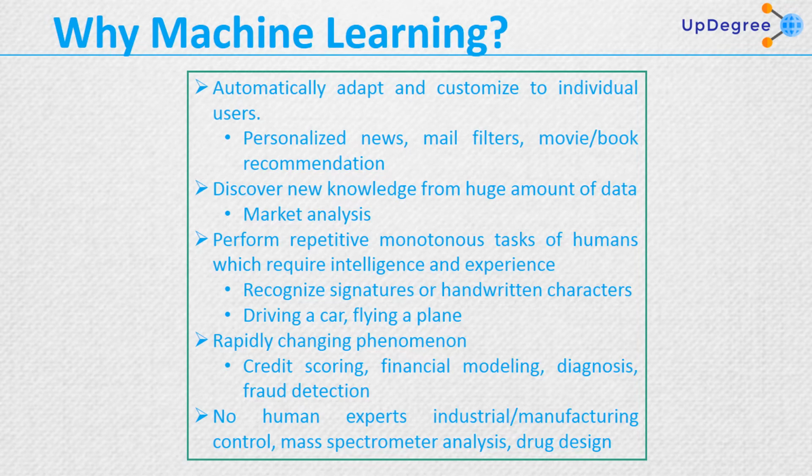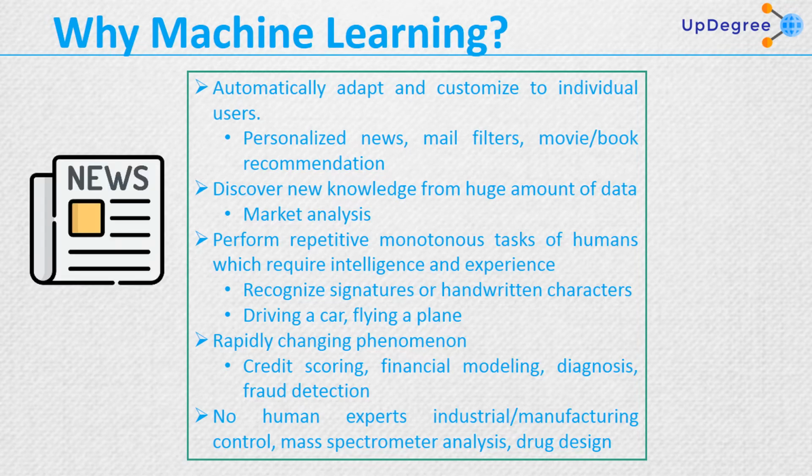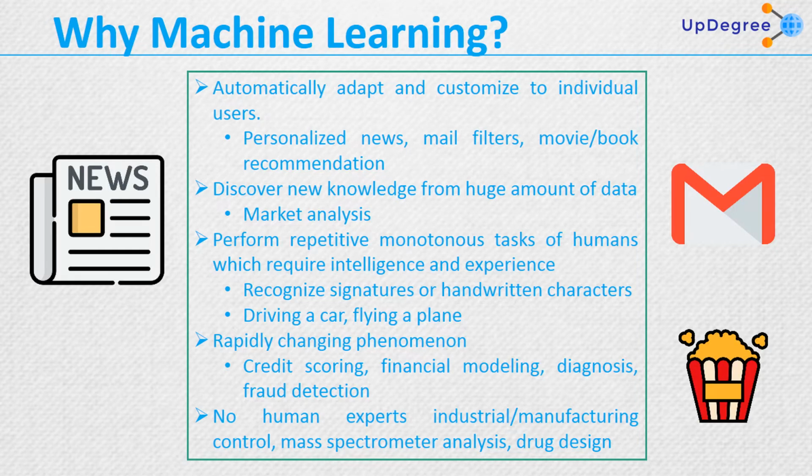As an example, we can go for personalized menus, mail filters, movie and book recommendations. Depending upon your liking, your age, your location, your gender, the websites you visit very frequently, our machine learning models can suggest the movie or the book which you may read or are supposed to watch.